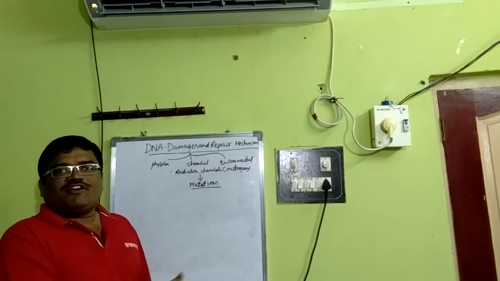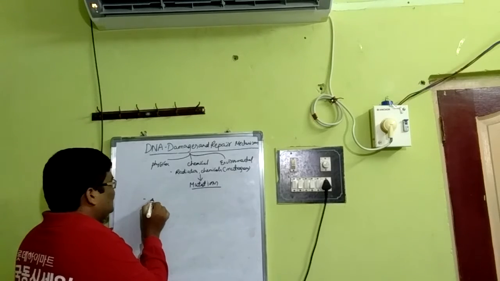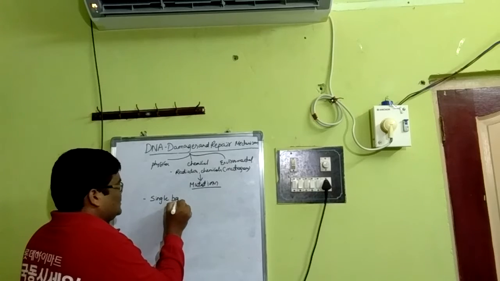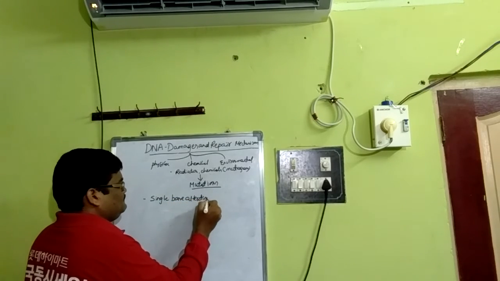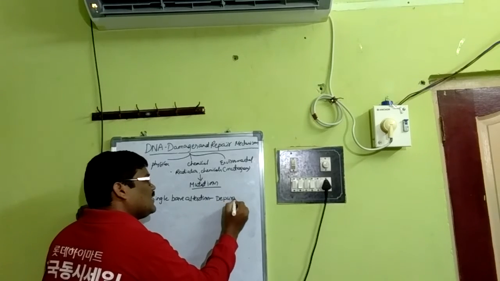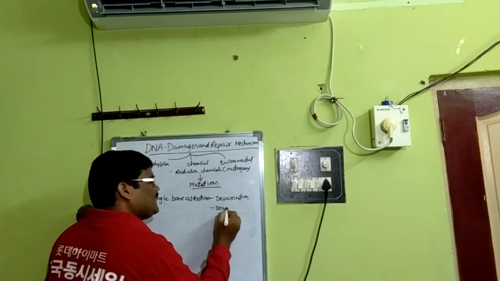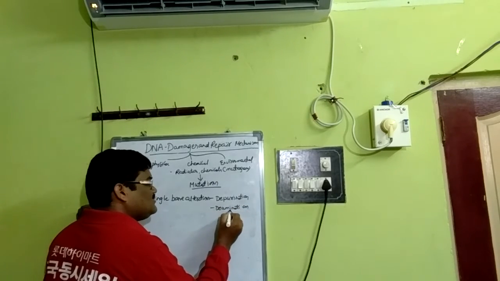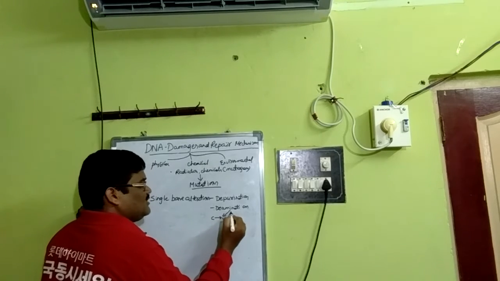Broadly, depending on the kind of agents and other factors, there are different kinds of DNA damages. For example, single base alterations, say depurination and deamination. This is very important because cytosine becomes uracil because of deamination.